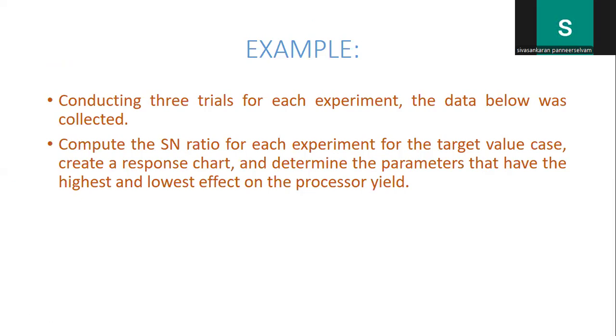So we have to conduct 3 trials for each experiment and find out the signal to noise ratio for every parameter. Then determine which parameter has the highest and lowest impact with respect to the processor yield. So this is what we want to examine finally.